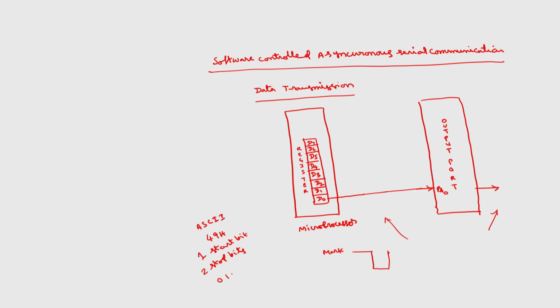Then 49H is 0 1 0 0 1 0 0 1. The first bit of 49H is 0, then 1, then 0 0 of the same duration, then 1, then 0 0, then 1, and then we have 2 stop bits.